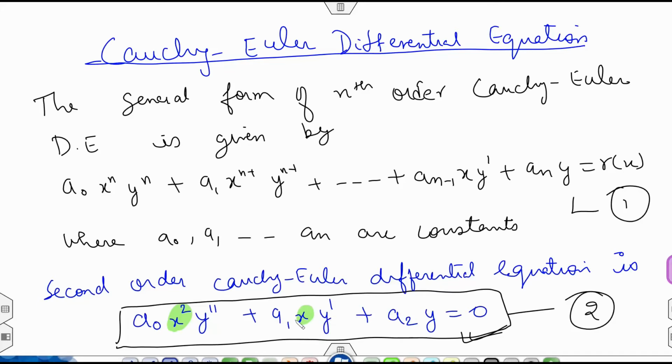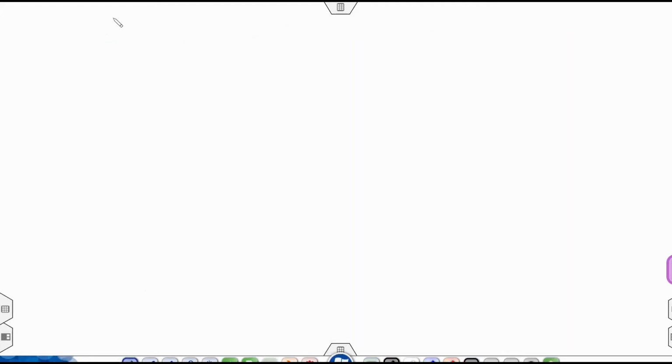So in the Cauchy-Euler, the add-on is that you find these coefficients multiplied with y double dash and y dash. So let us see how we can solve this type of differential equation. I'll write down the heading: method to solve Cauchy-Euler second order homogeneous differential equations.